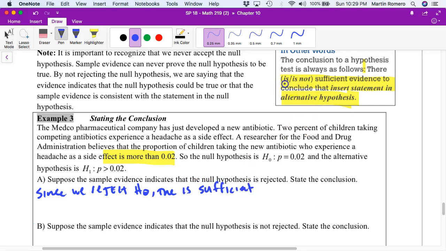I'm using "there is" because my statement is about the alternative, and we just rejected the null hypothesis.